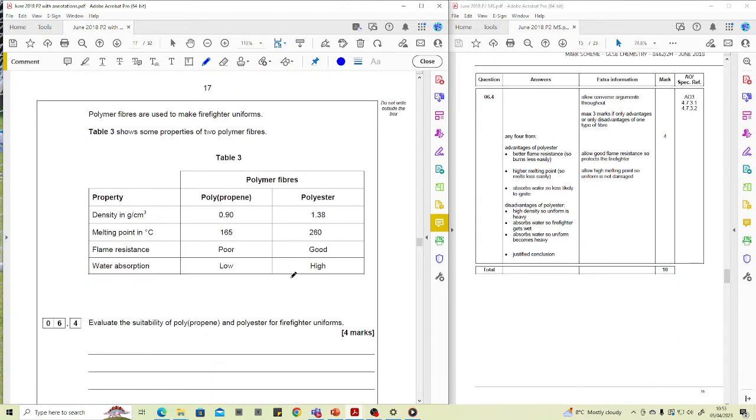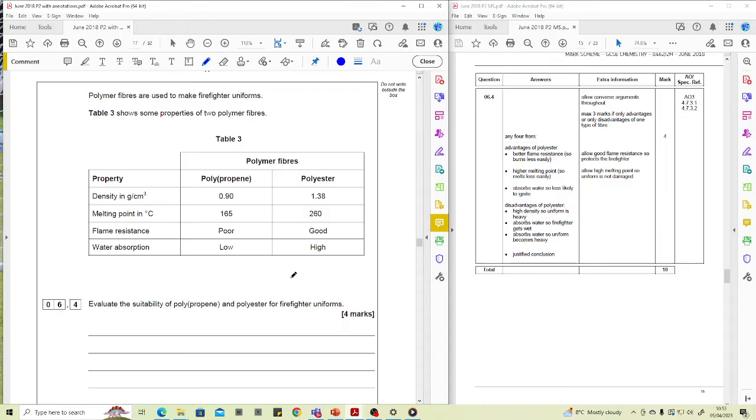Okay, and then you've got to compare two different polymers now. So evaluate, we now know judgment is required. And it doesn't say use your own knowledge, so we can just compare. We've got lots of data in the table and it's a 4-mark question as opposed to a 6-mark question, so we're okay just using the table of data, but remember you've got to have comparisons, not just quoted numbers.